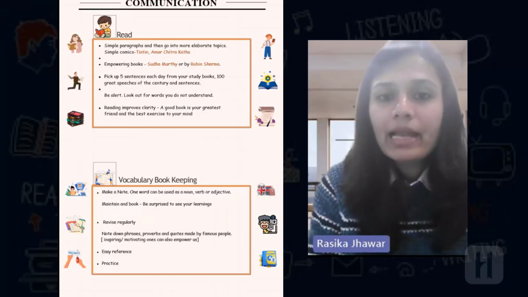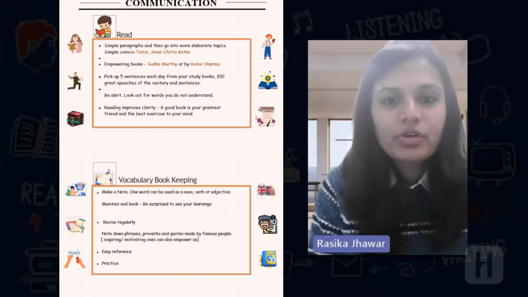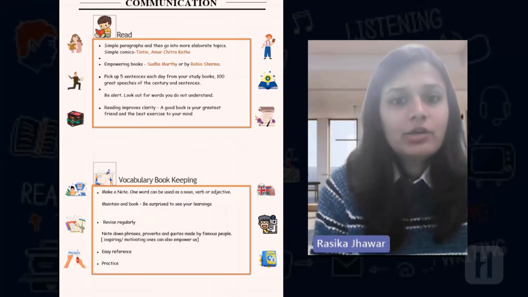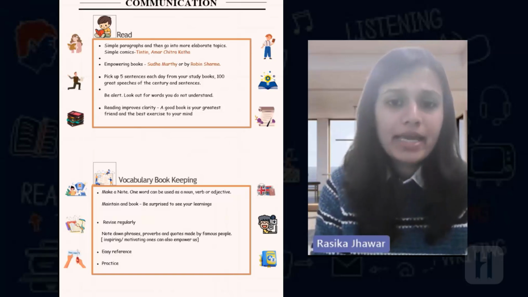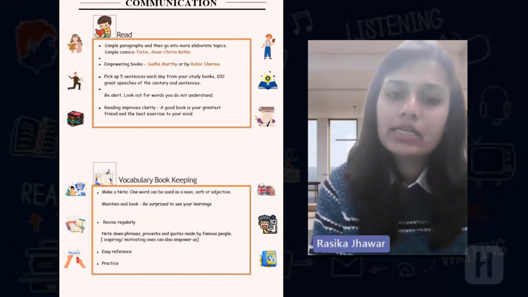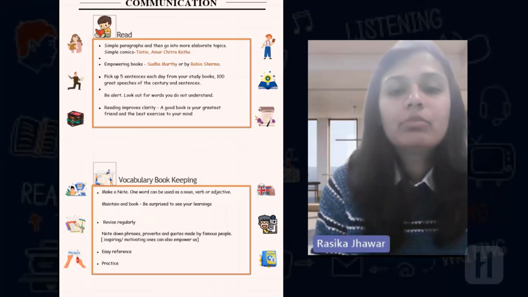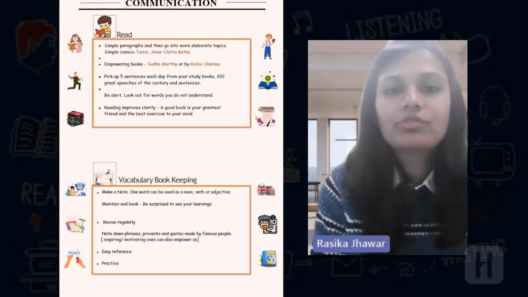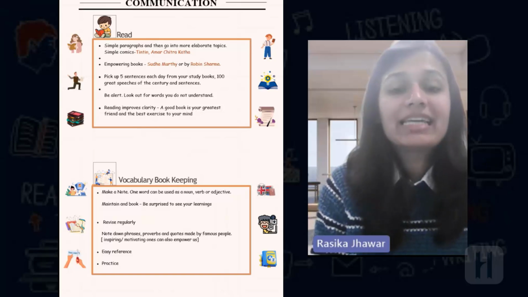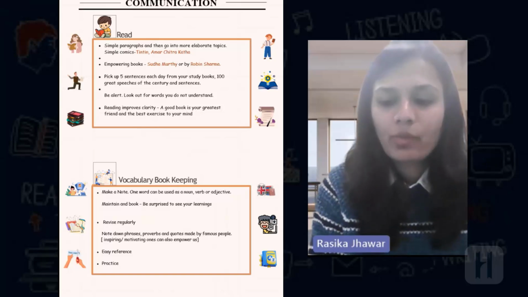Vocabulary bookkeeping will help you improve the grammar of your language. While you can read basic English, and by reading, you can also speak basic English, vocabulary bookkeeping will help you use a higher class of grammar, which is indicative of the strength of your language.